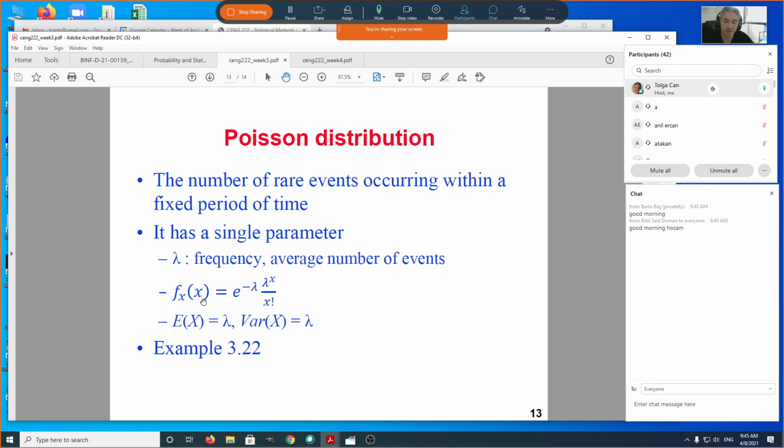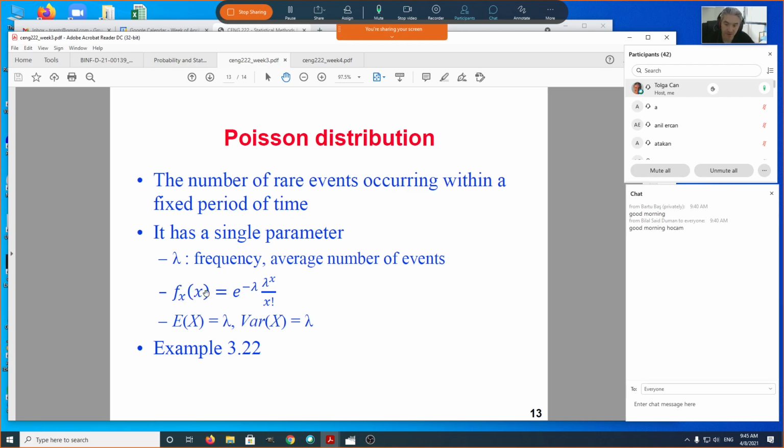We can observe 0 cars. The fact that 5 cars arrive at the gas station on average in an hour does not exclude the probability that no cars are going to arrive in the next hour. So still observing 0 cars has some probability.